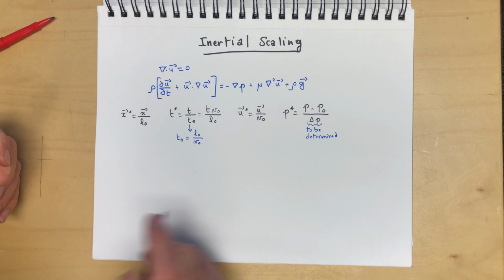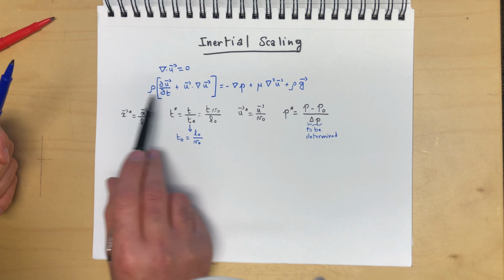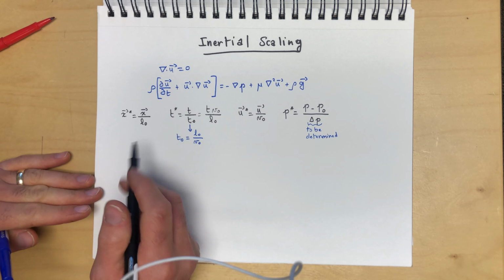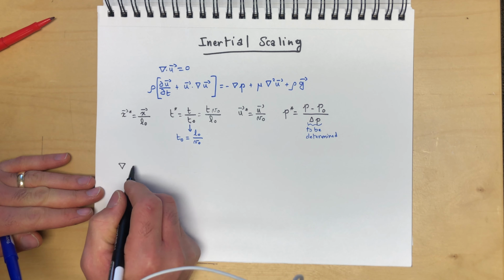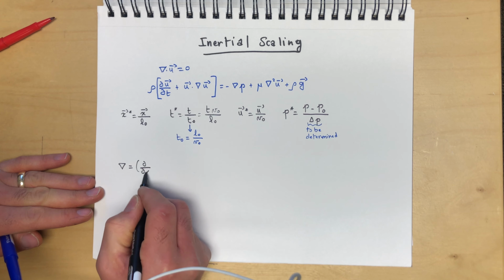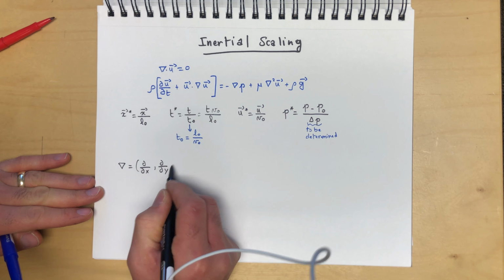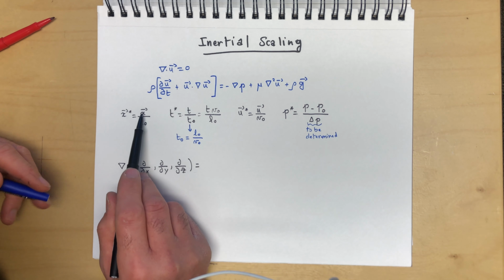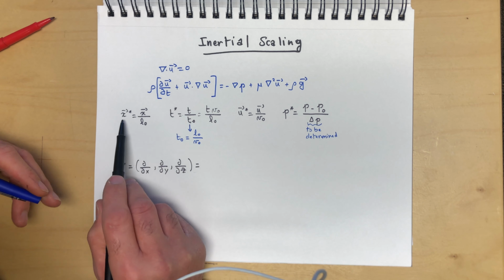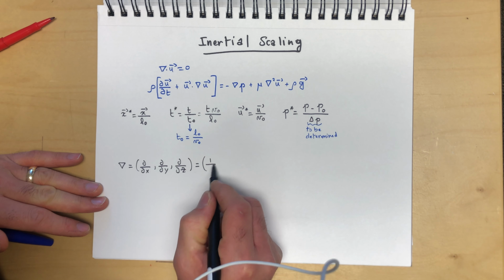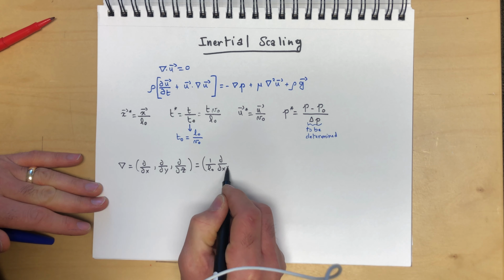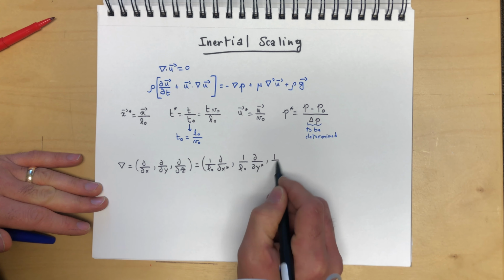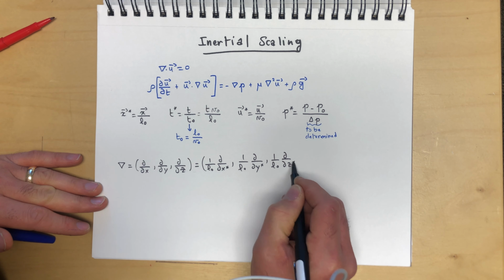And with that, now that we have x and t, all operators will also need to be written in dimensionless form. So if you think about the grad operator, which is d by dx, d by dy, and d by dz, we can write this as, remembering that x is L0 x star, 1 over L0 d by dx star, 1 over L0 d by dy star, and 1 over L0 d by dz star.